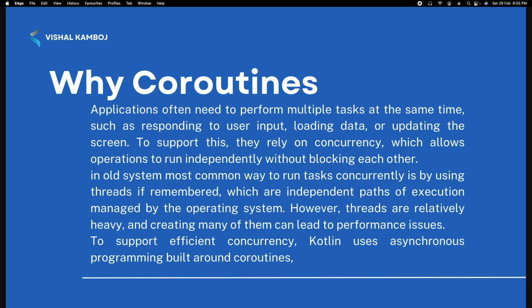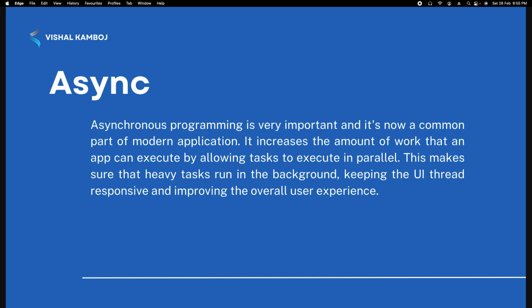The first major point is that whenever we create any application, we use multiple tasks in it, and all the tasks work concurrently. In that case we need async programming, and we need to create things that don't cause any performance issues. So, what is async?